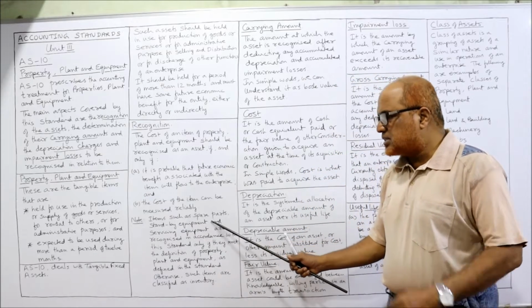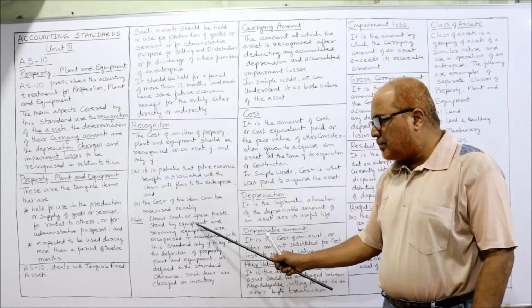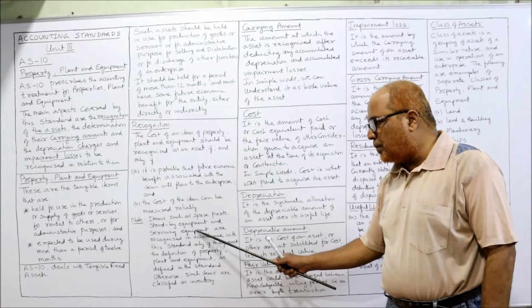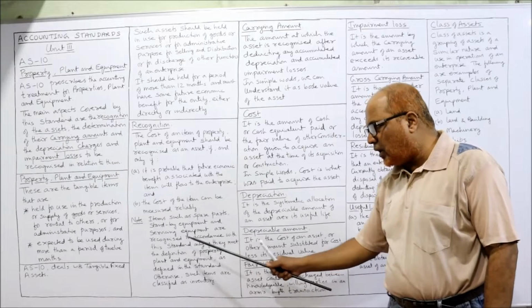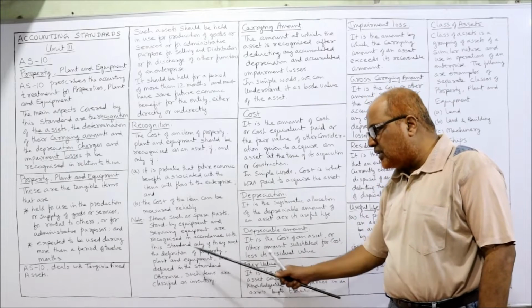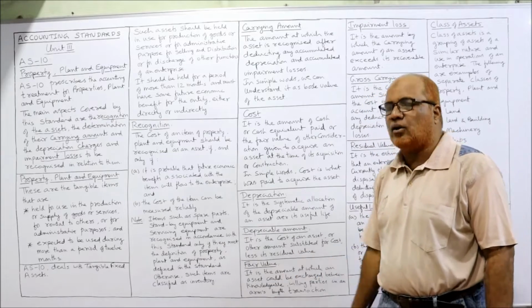Then items such as spare parts, standby equipment and service equipment are recognized in accordance with this standard only if they meet the definition of property, plant and equipment.